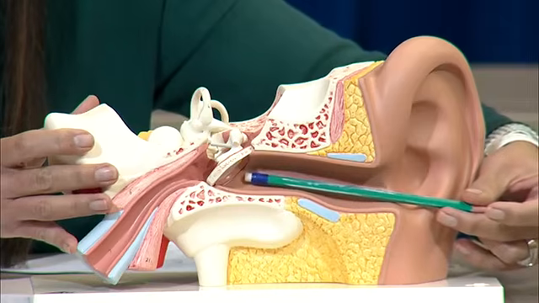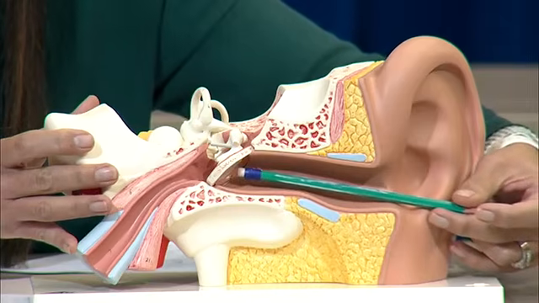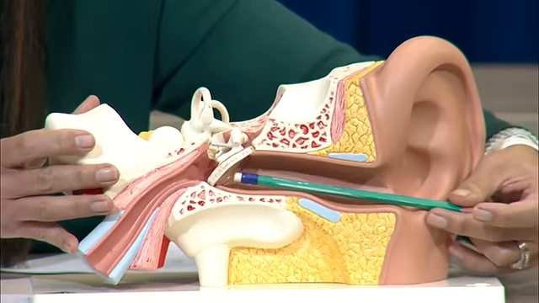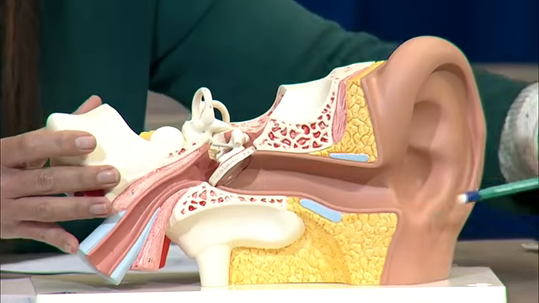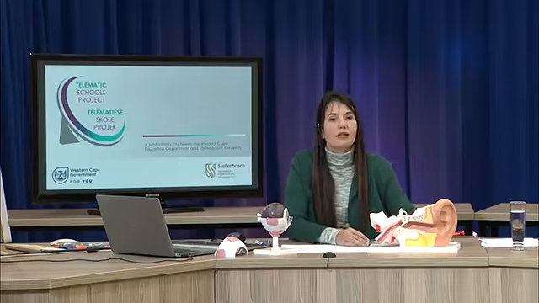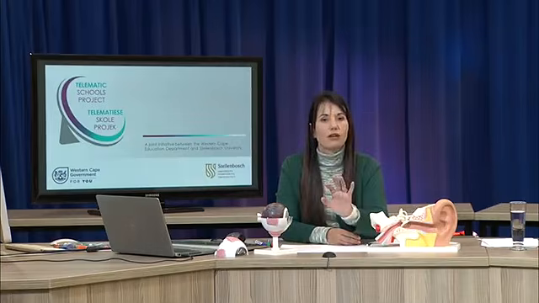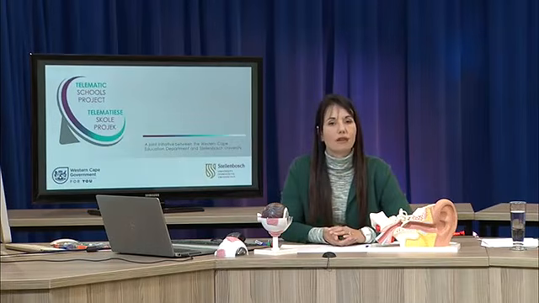So as the sound goes through, it will hit this tympanic membrane, and then the tympanic membrane will start to vibrate. It's like a speaker. If you play the music hard and you put your hand on your speaker, you will feel how that speaker is busy vibrating. And that's the same thing that happens to our tympanic membrane.